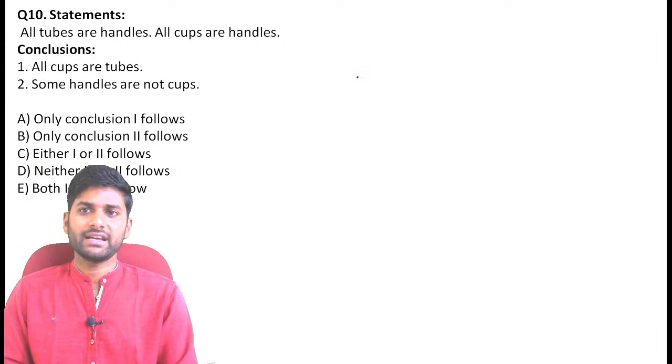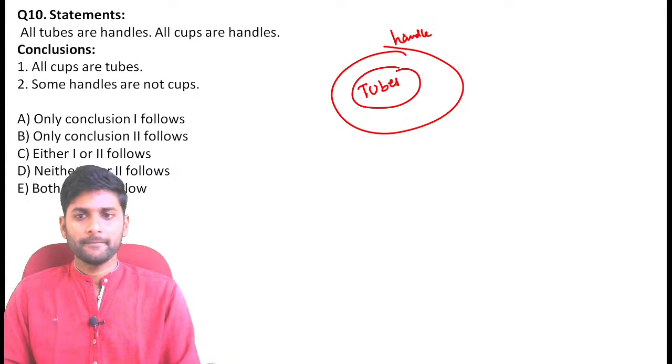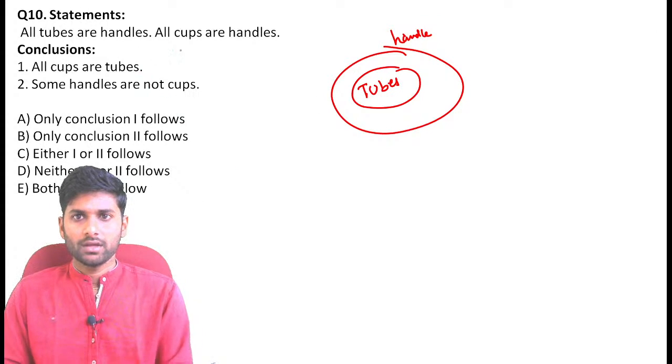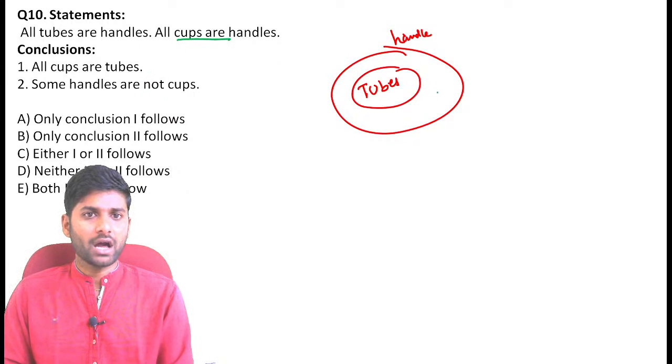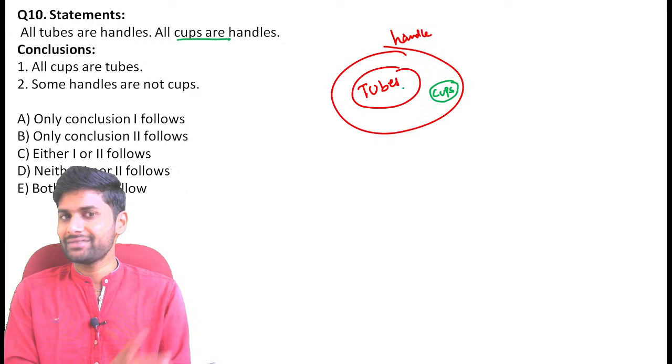Now you just draw the diagram. All tubes are handles. Just go through the second one. All cups are handles. Guys, all cups are handles means the cup circle does not intersect with the tubes.